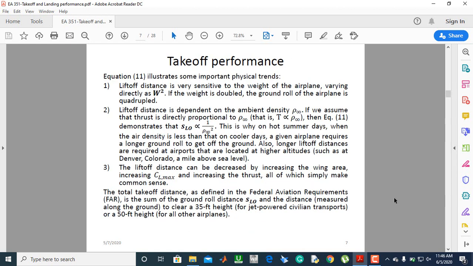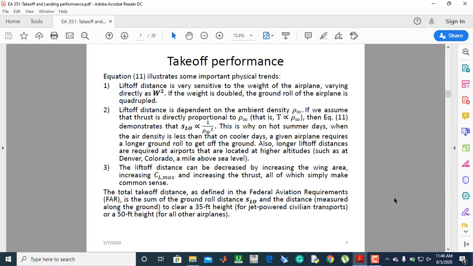And if we look at the previous equation, we can make some deduction that the lift off distance is sensitive to the change in weight.